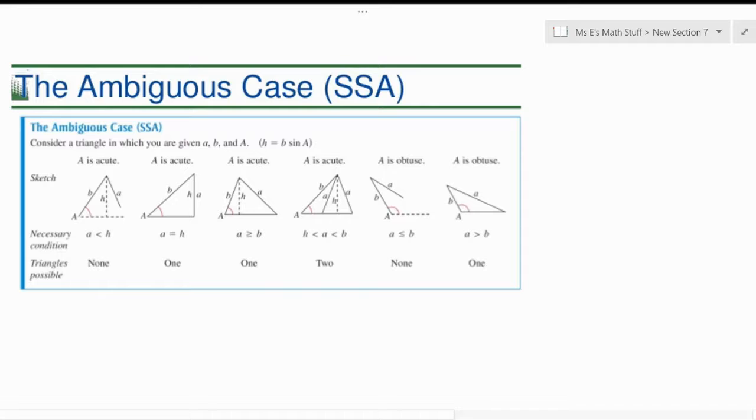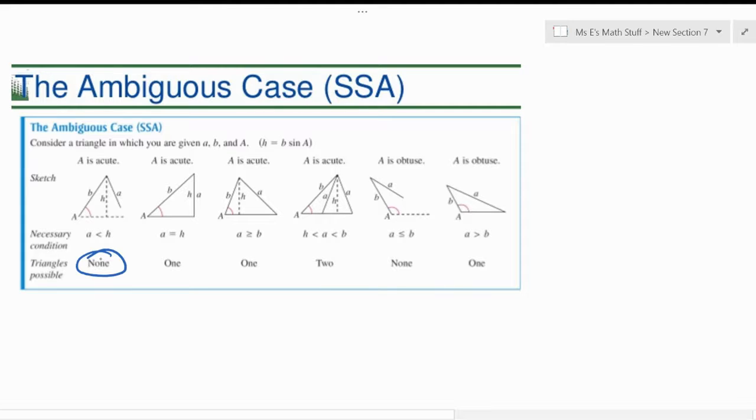Now, when you look at this setup, I hope this first one, where you get no solutions, makes sense: if the side lengths are not long enough to reach the other lengths and close the triangle out, then you wouldn't have a solution.